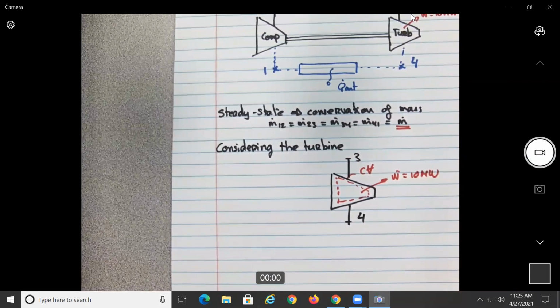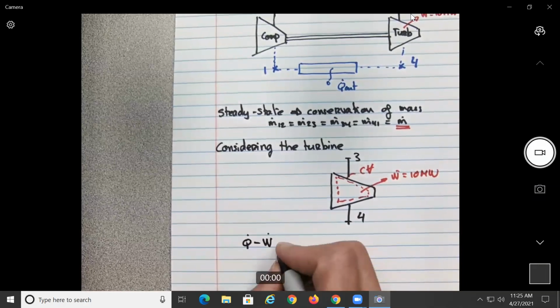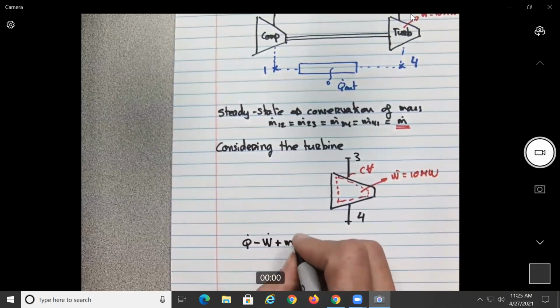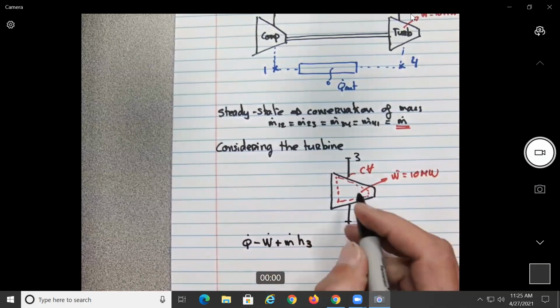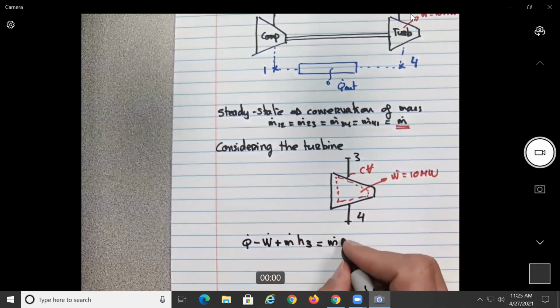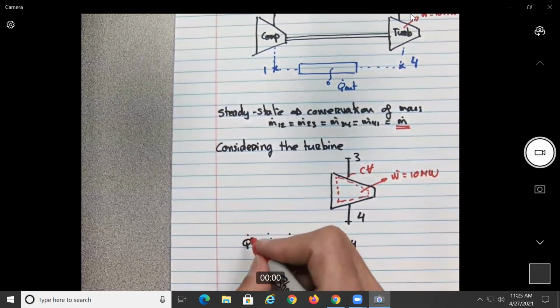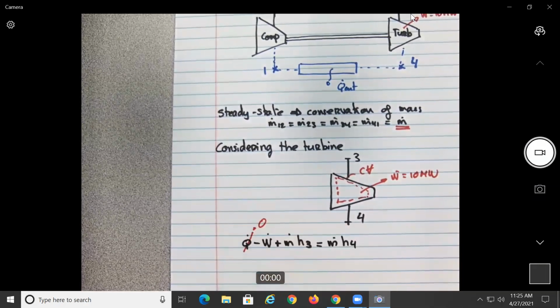If we apply the first principle of thermodynamics to this control volume, what do we have? Q dot minus power plus m dot h3, which is going in, will be equal to m dot h4. Is there any heat exchange in this component? So this is 0.